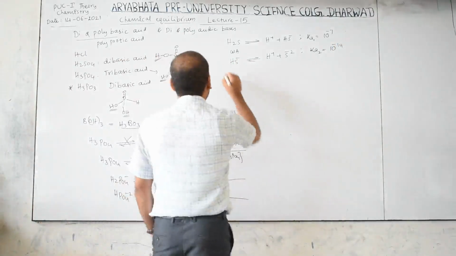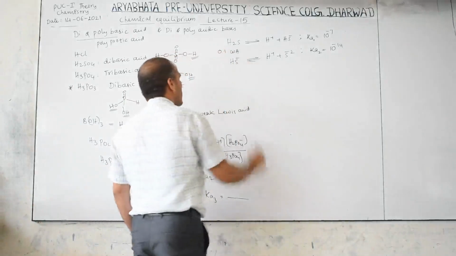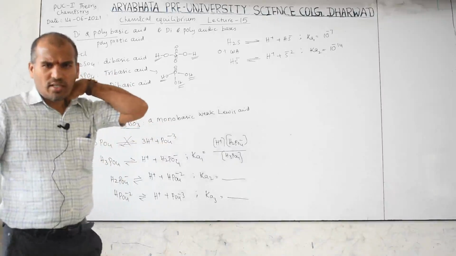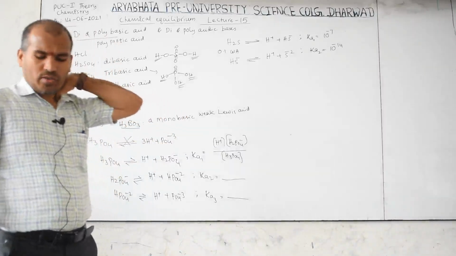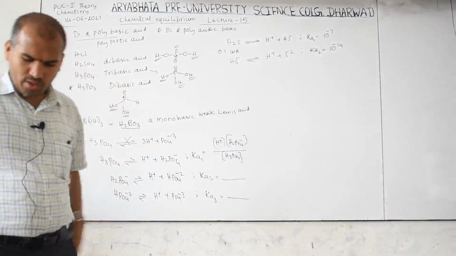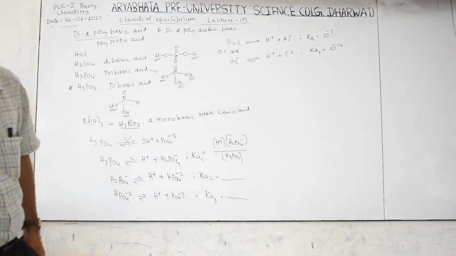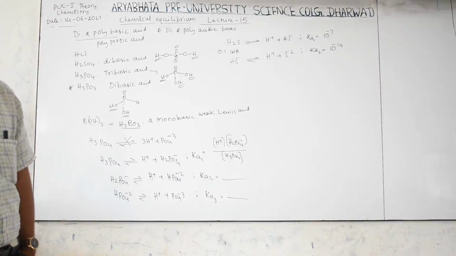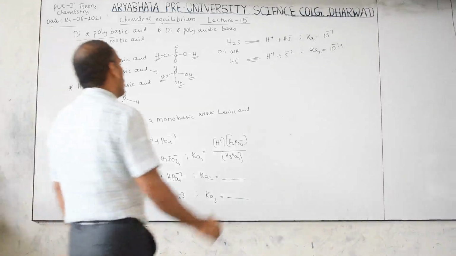For example, consider 0.1 concentration of H2S. Here I will give one question that you have to calculate. Calculate the concentration of H plus, HS minus, S minus 2 in 0.1 M of H2S solution. K1 and K2 values are given. So what do we have to calculate?